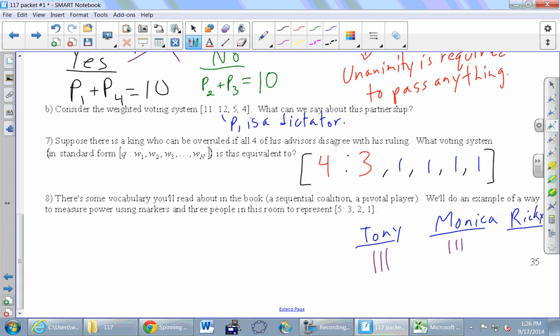So it feels like out of 6 gives us 50% for Tony, 50% for Monica. If I'm given a fraction over here, I guess I gotta do 0 out of 6 for Ricky's 0%.